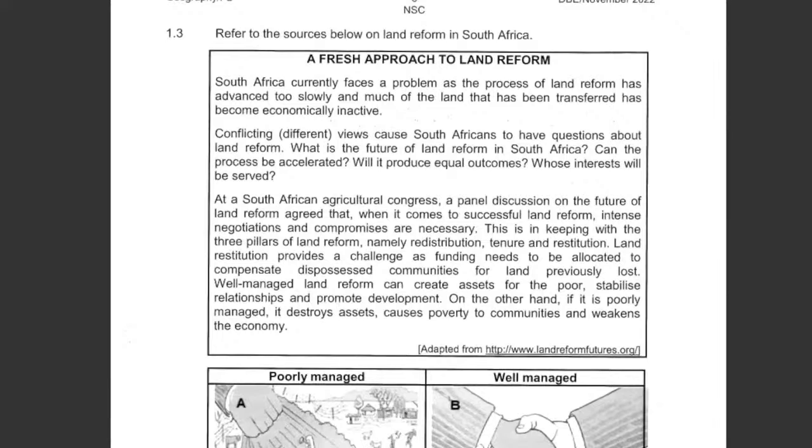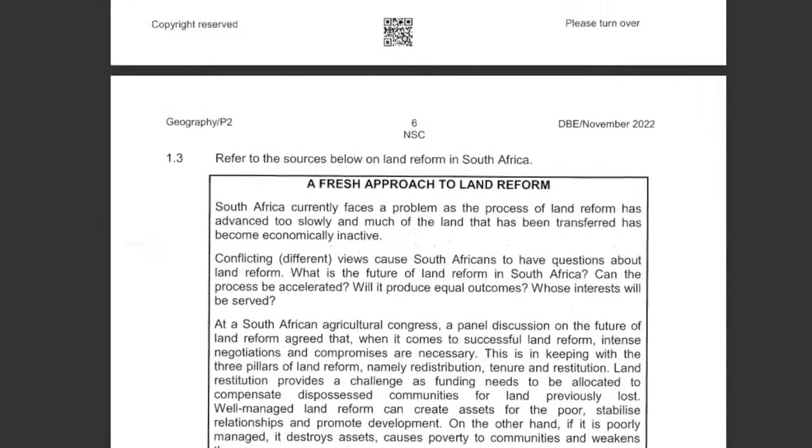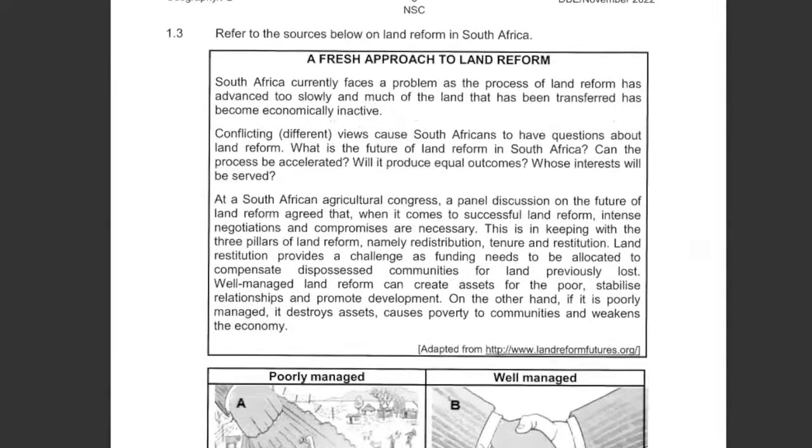Then you have a text here that we need to read before you proceed. It says South Africa's fresh approach to land reform. South Africa currently faces a problem as the process of land reform has advanced too slowly and much of the land that has been transferred has become economically inactive.